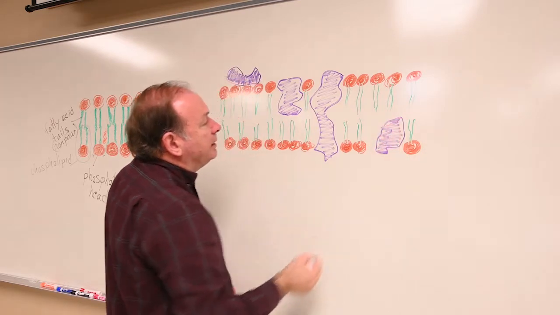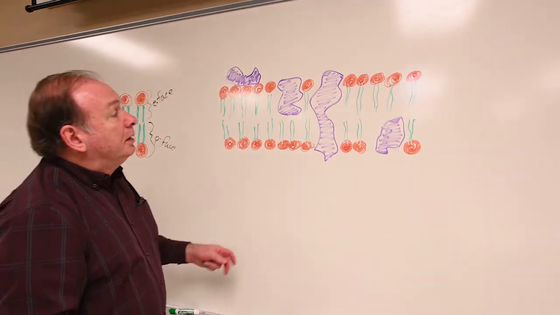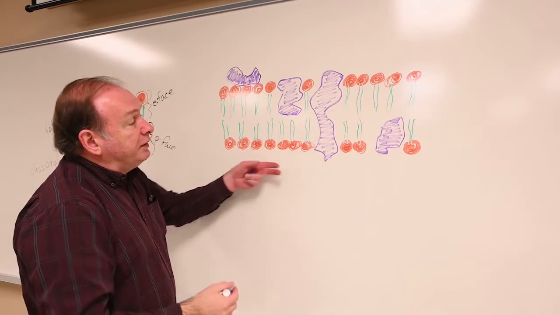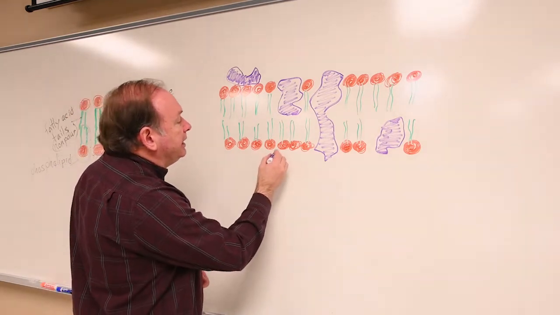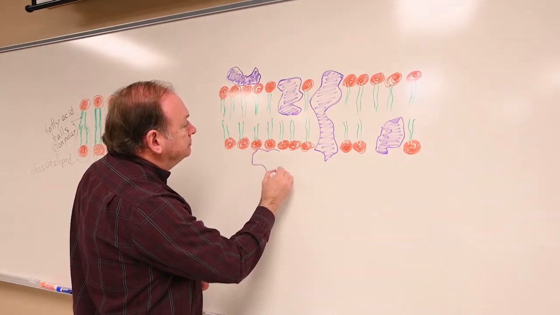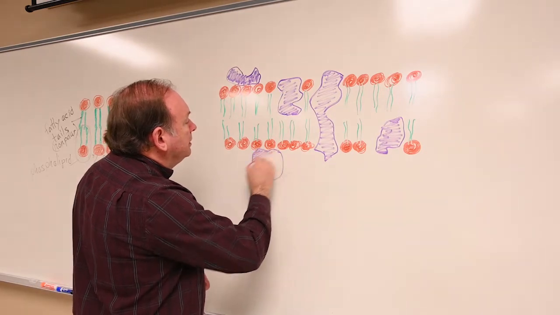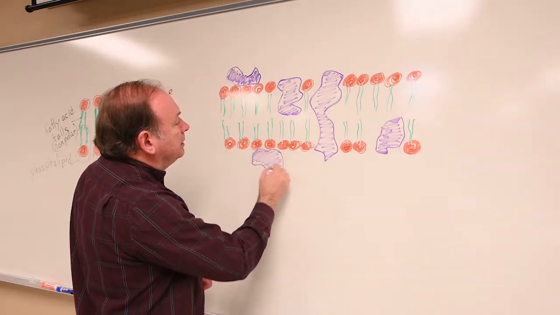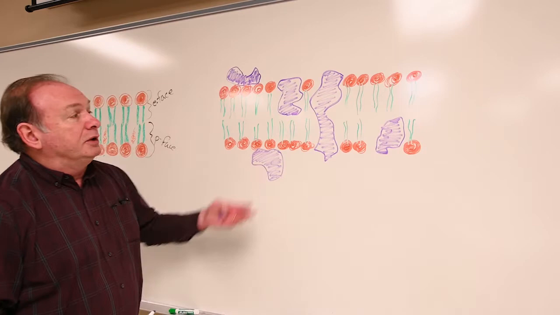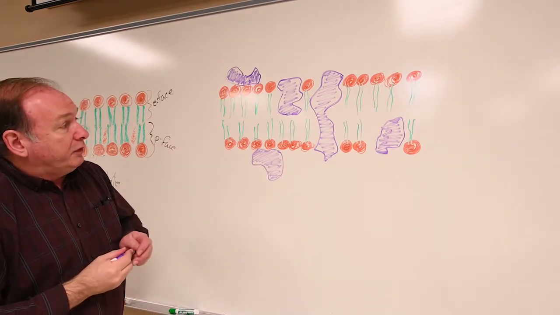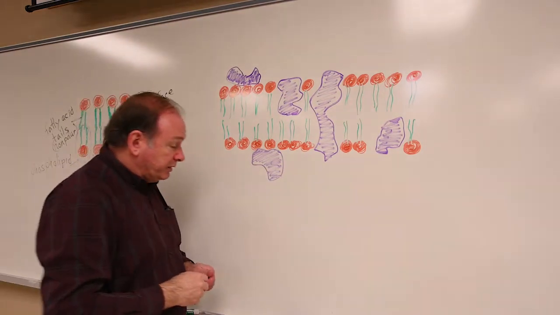Just making kind of random shapes. So those are 4 different positions, and finally we could have them lie on the inside, against the inner surface of the membrane. So those are your 5 different positions.